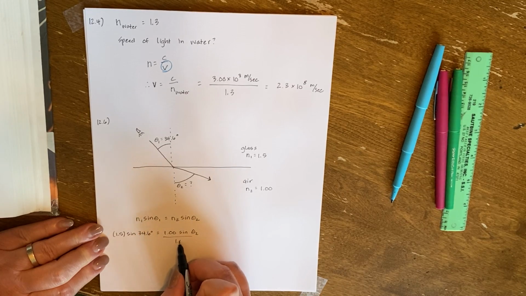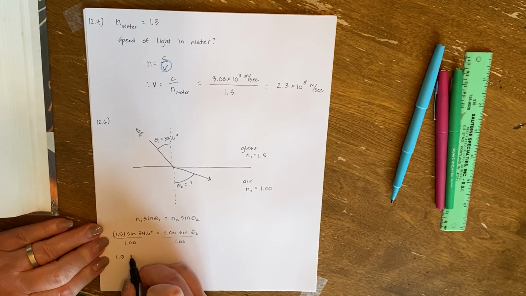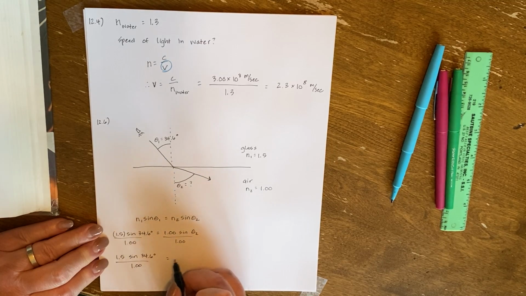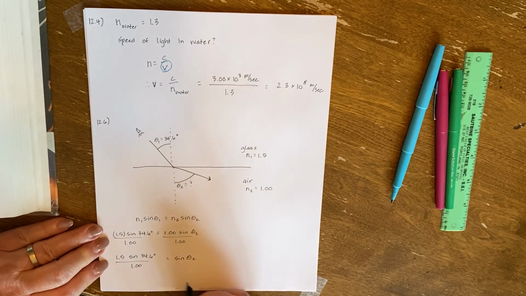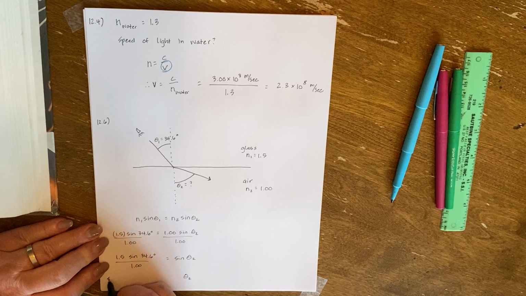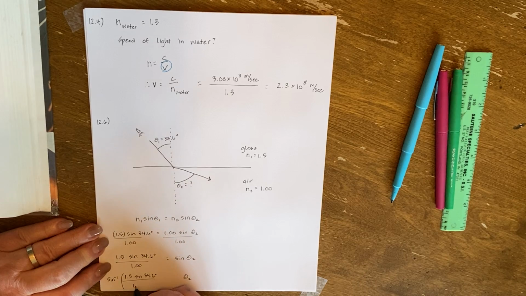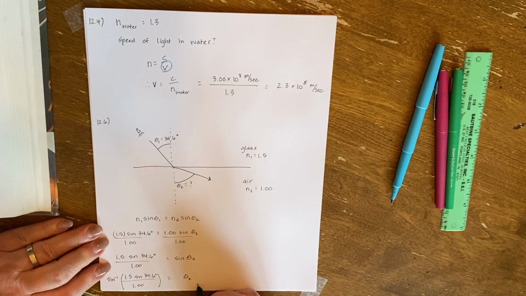Okay, I can divide both sides by 1.00. So I have 1.5 sine 34.6 degrees over 1.00 equals the sine of theta 2. And then remember, to get our theta 2, we take the inverse sine of both sides. So you'll have to use your second button on your calculator. And if we do all that out, theta 2 should equal 58 degrees.